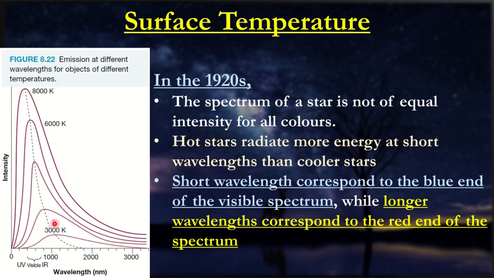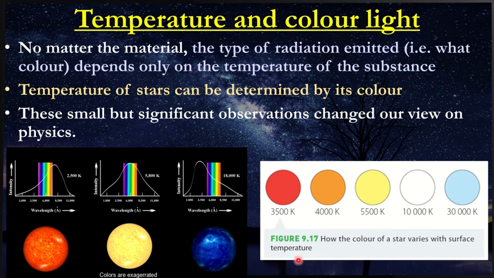So that's why when you increase temperature, a star will become more and more blue visibly, because there's a greater intensity shift towards the blue light, and there's less intensity being built up on the red light, even though it is increasing as well, mind you. So just remember this, okay? Short wavelengths correspond to the blue end of our color spectrum, and longer wavelengths correspond with the red side of our spectrum. Here's another image to show for this, okay?